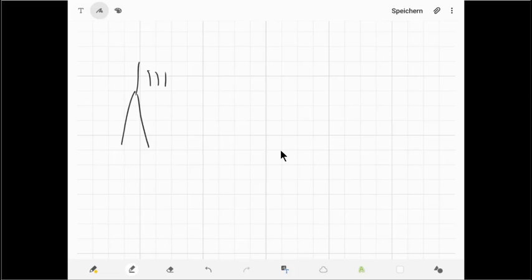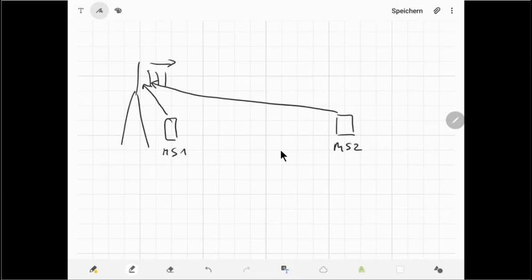So for example, you could have an antenna here, which is emitting the electromagnetic wave, the signal, and you could have a mobile station which is very close to the antenna, and a mobile station which is far away. Then if you look into the timing, the time which a packet takes from mobile station 1 is much shorter than the time it takes from mobile station 2.